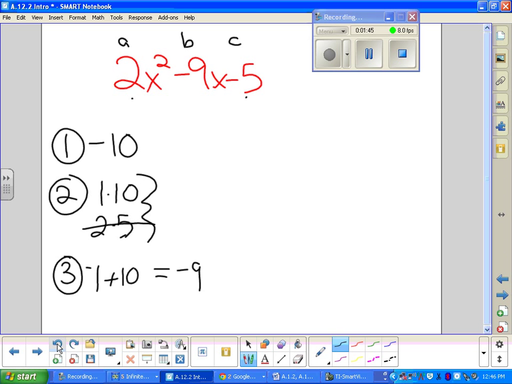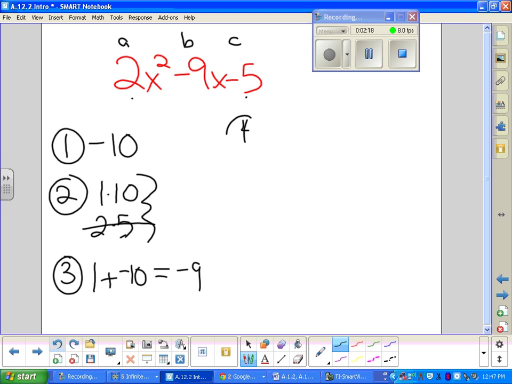But if I do 1 plus negative 10, if you're unsure of that, check it with the calculator, 1 plus negative 10 is indeed negative 9. So those are my two numbers, 1 and negative 10.